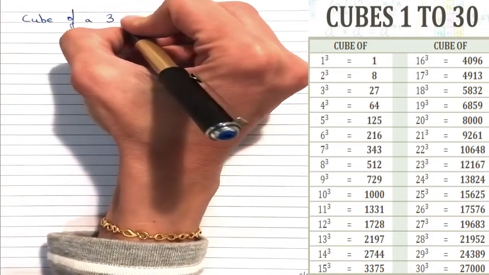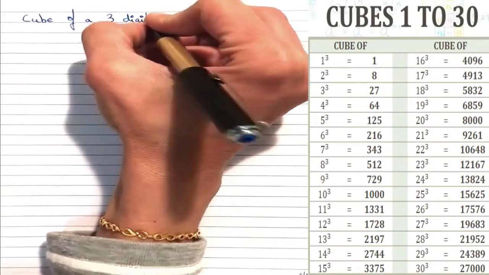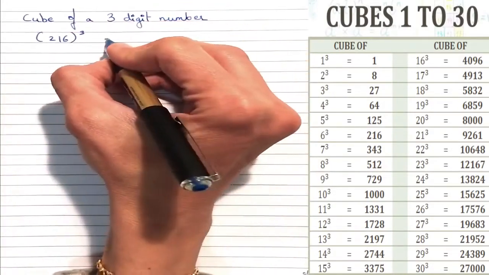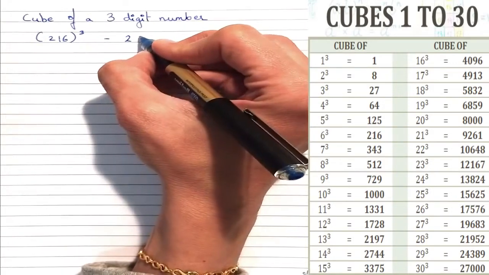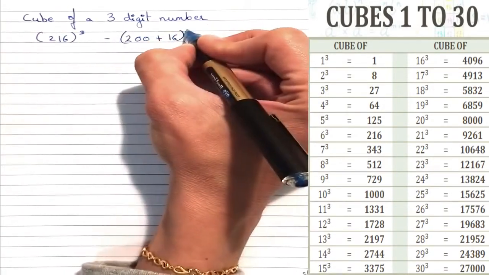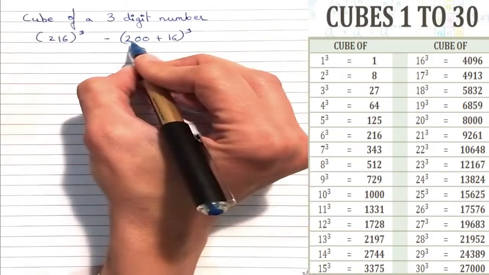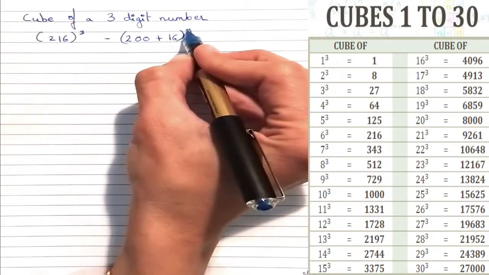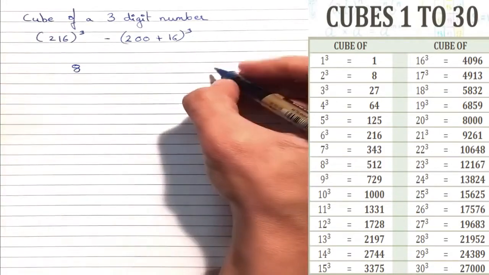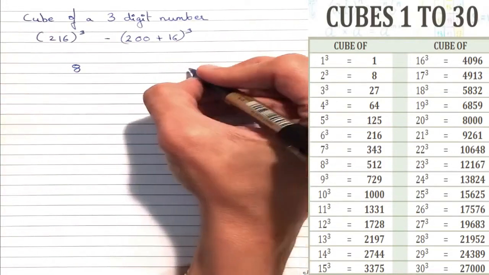Now let's see the cube of a 3-digit number. Let's have a look with an example. So now we'll find the cube of the number 216. Which will be nothing but (200 plus 16) cube, right? Now in the shortcut method we avoid using zeros.